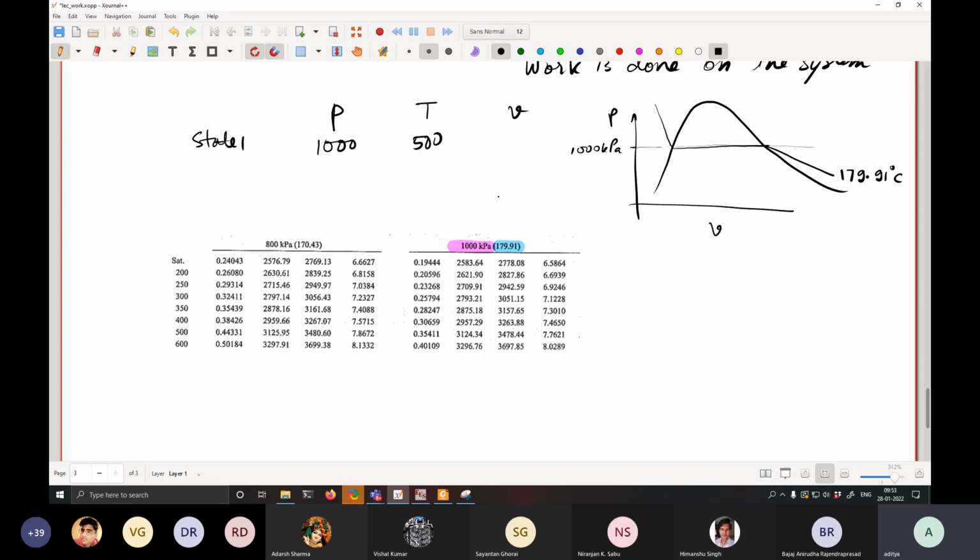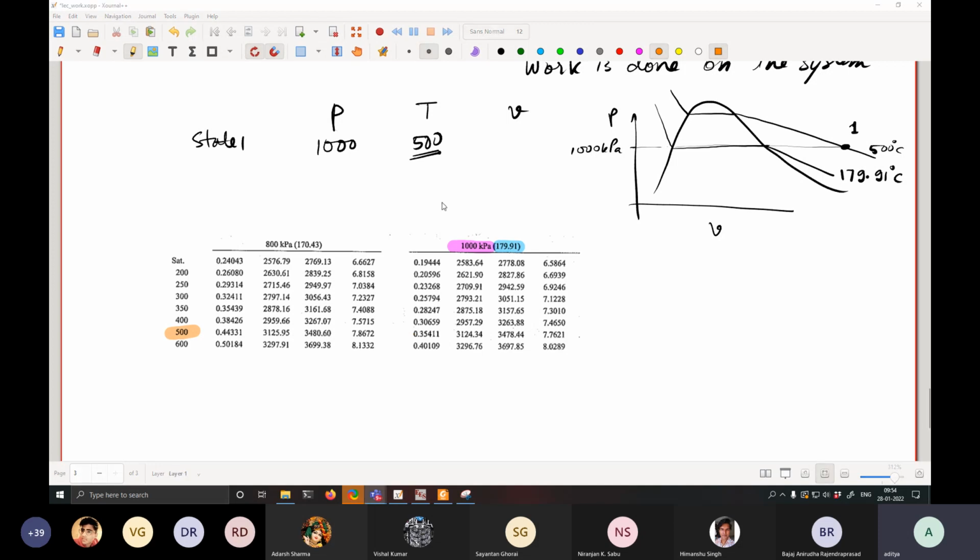But our temperature is given to be 500 degrees Celsius. So this is the 500 degrees Celsius isotherm. And so this is the initial point, point 1. All right. So point 1 is somewhere over here, because we see in the table that yes, indeed, the 500 degrees Celsius point is somewhere in the superheated zone.